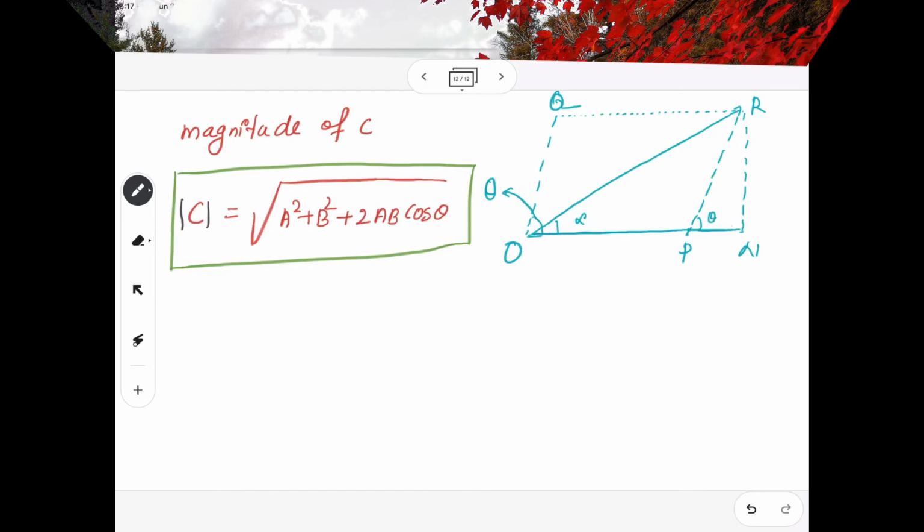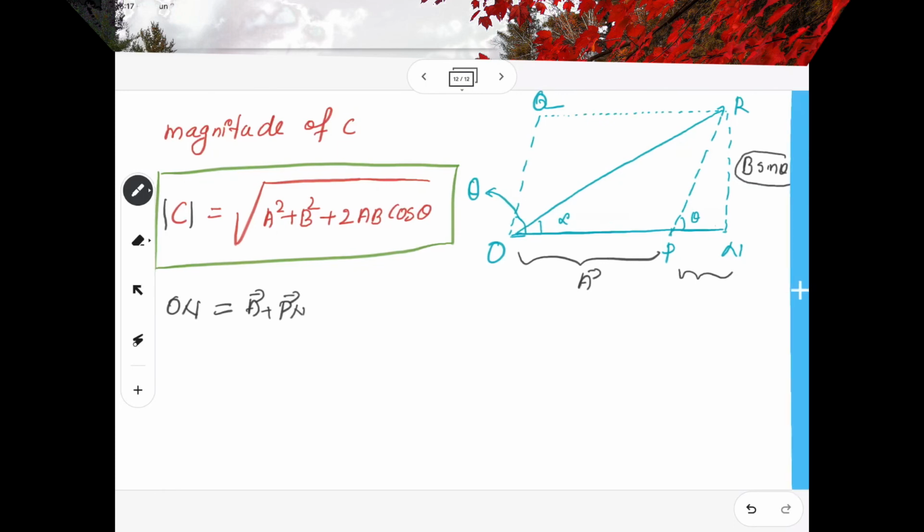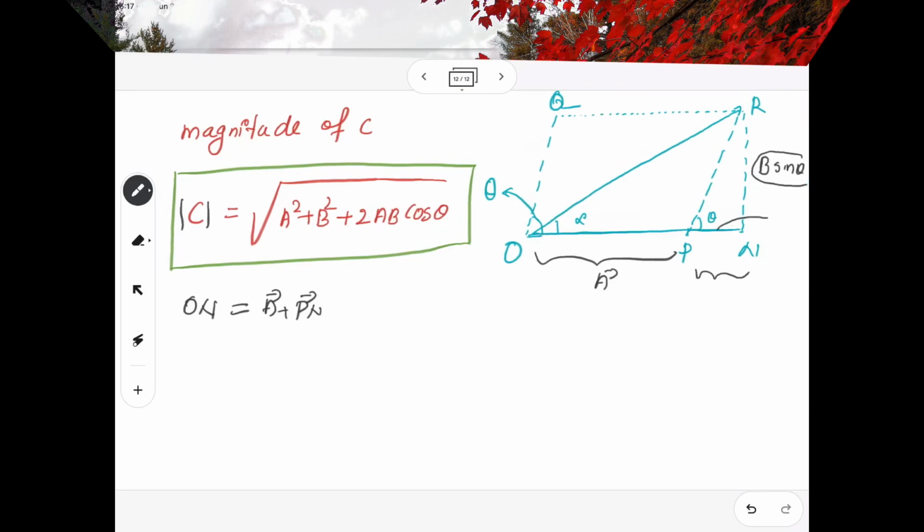Now from the triangle RPN, I have already found that RN is B sin theta. Now ON I can write as the sum of vector A plus PN. So from this triangle, if this is B sin theta, then definitely this will be B cos theta. So ON is vector A plus B cos theta.